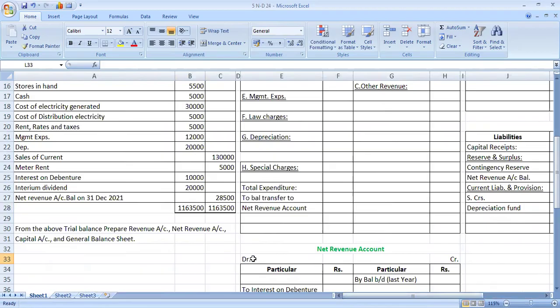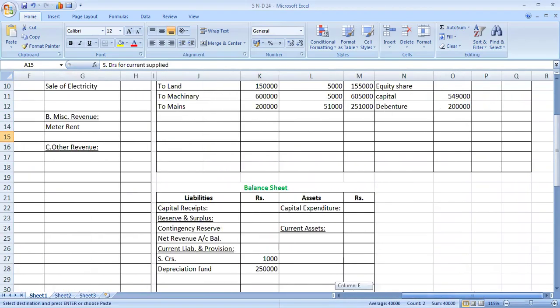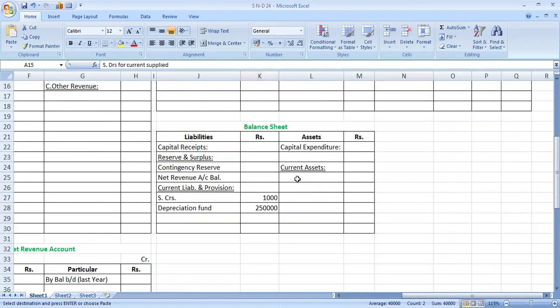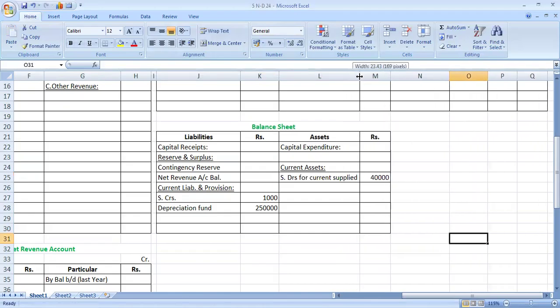Next, sundry debtors for current supply, amount rupees 40,000. This one is an item of asset, hence balance sheet asset side under the heading of current asset. Sundry debtors for current supply, rupees 40,000.